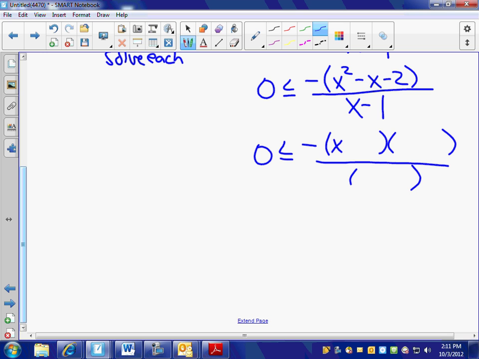Good. X minus 2, x plus 1, x minus 1 on the bottom. So if I set all of these equal to 0, the top and the bottom, what values for x will give you 0 on the top? Right, so 2, negative 1, and then the bottom, 1.